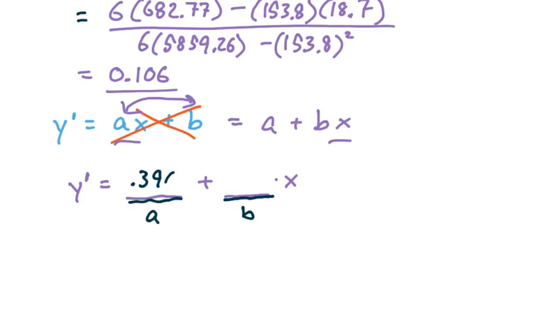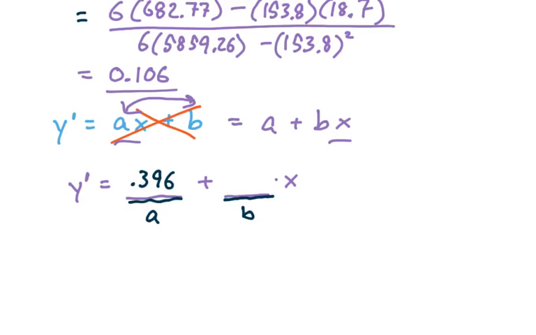That was what we had for A. So that is not the slope, that is the initial value for y when x is equal to 0, the initial predicted value.